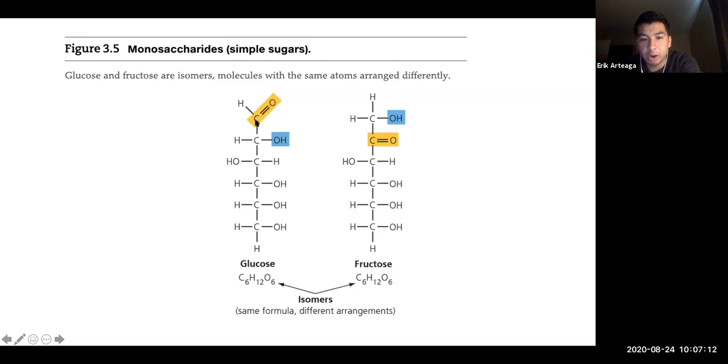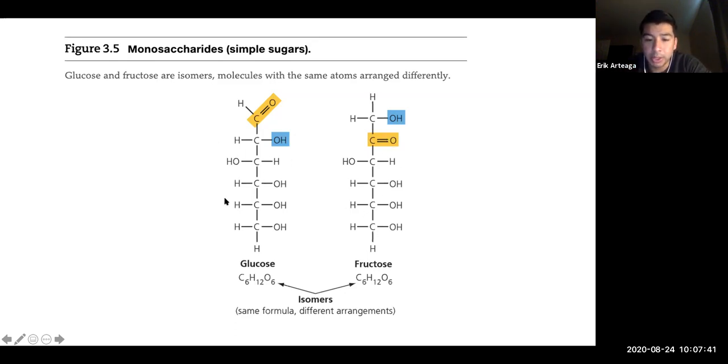So you see that carbon double bonded to an oxygen at the very top, and then you have the offsetting hydroxyl and hydrogen groups here. Fructose has the functional group shifted. You have that carbon double bonded to an oxygen right in the center, and then you have that hydroxyl group moved above this carbonyl group right here. So keep that in mind.